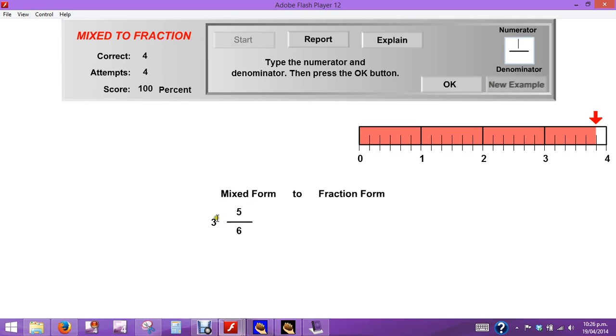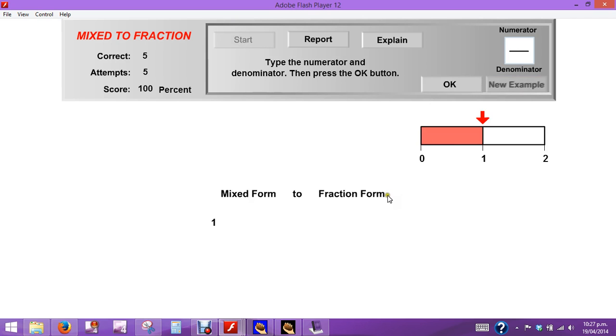Okay, so we multiply 3 by 6 is 18, 3 6s are 18, and then we plus the other 6s, because we've got 18 6s in the 3, so we times 3 by 6, 18, plus the 5 is 23. 23 6ths all together, and if we counted all these little guys here, we would count 23 of these size fractions. Correct.